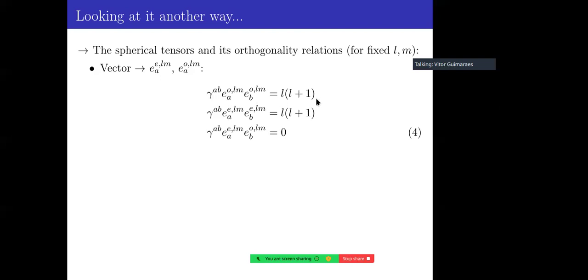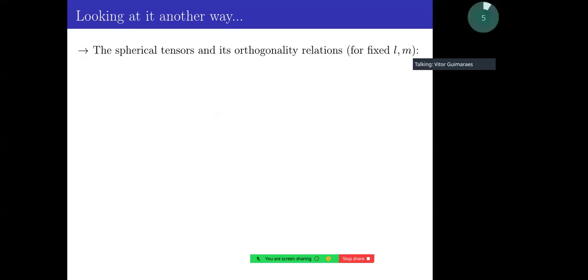The same happens when we take the inner product of the even vector with itself. But when we take the inner product of the even vector with the odd vector, it goes to 0. You can actually prove this.